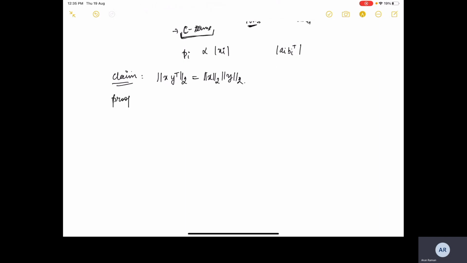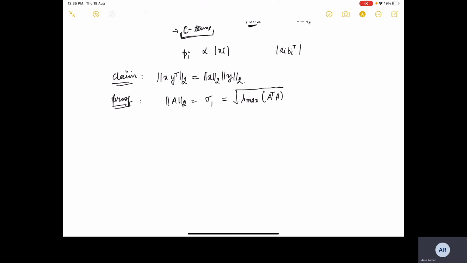The proof is very simple. We already know that the 2 norm or the spectral norm of a matrix is the largest singular value, and we also know that the singular value is related to the eigenvalue of the A transpose A matrix.